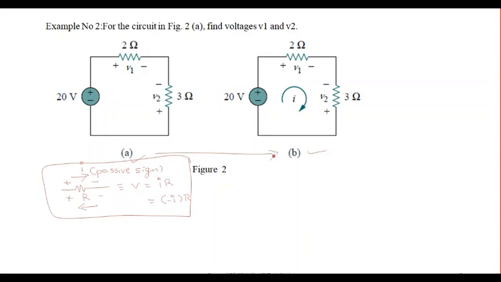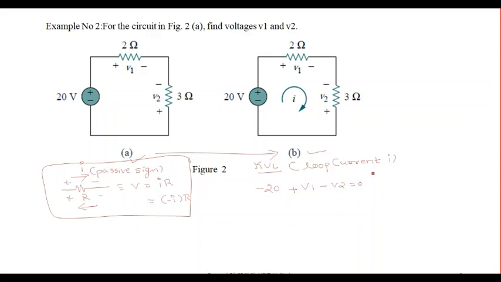Now if I apply KVL with respect to the loop current I, then I will get minus 20 plus V1 minus V2 equal to 0.